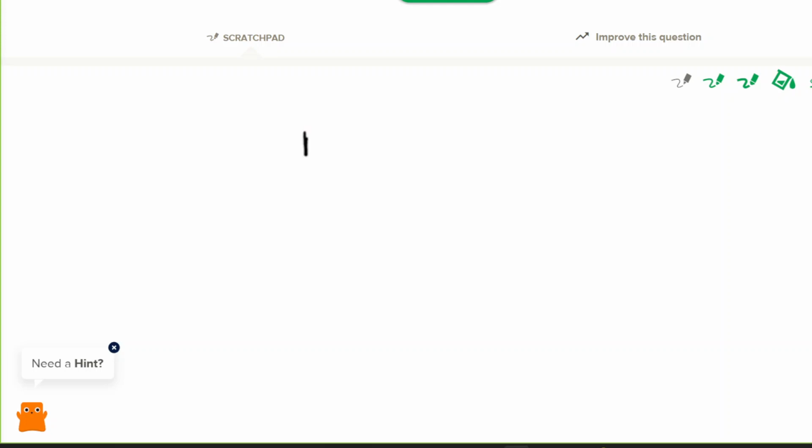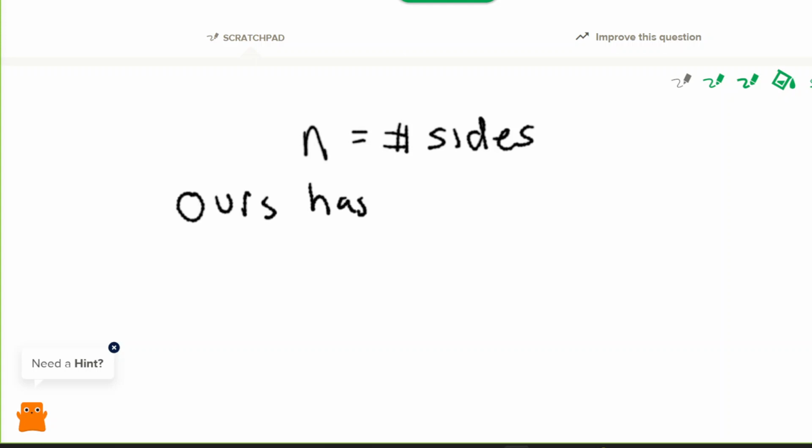Now they said that n was the number of sides of the polygon, that first polygon that was given. Ours has twice as many sides.